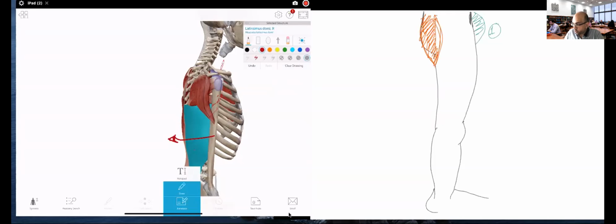So when it pulls the thigh, if I'm inserted like this in the femur, I would be pulling the thigh to move backwards like this. So if this was the angle of the joint, 1, now the angle is like this. So what happened to the angle of the joint?